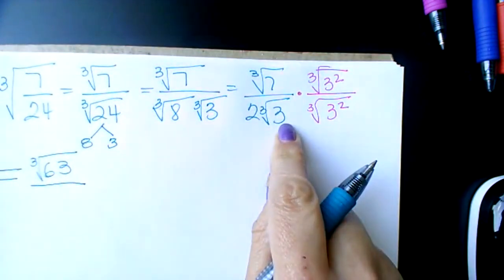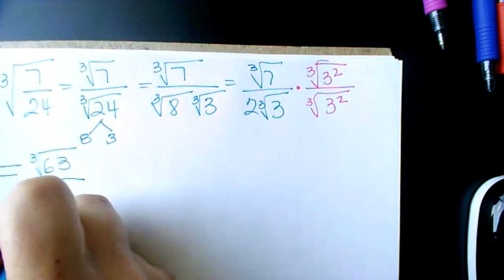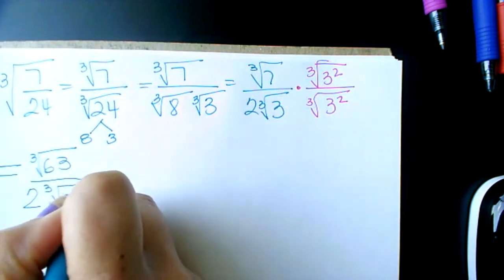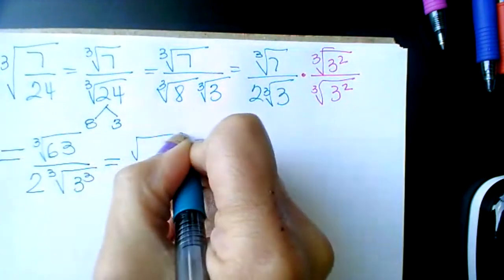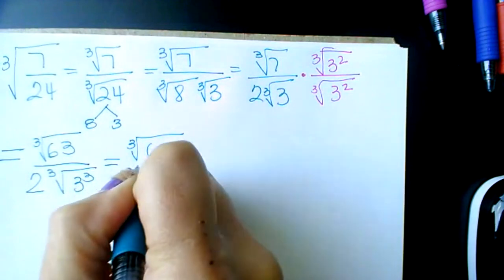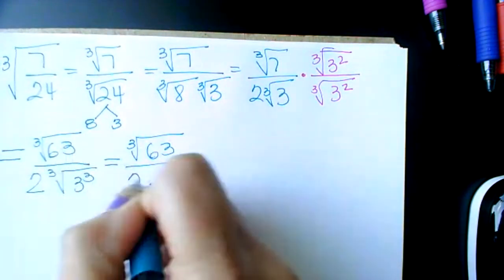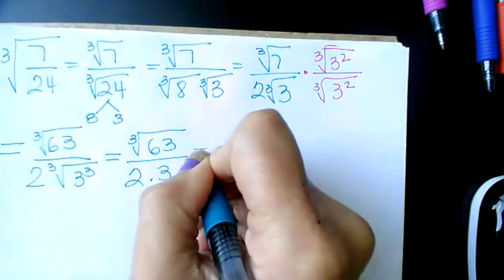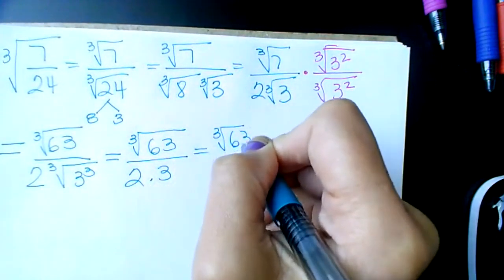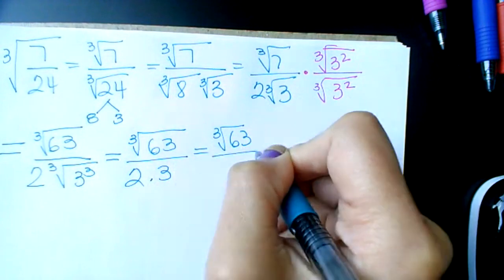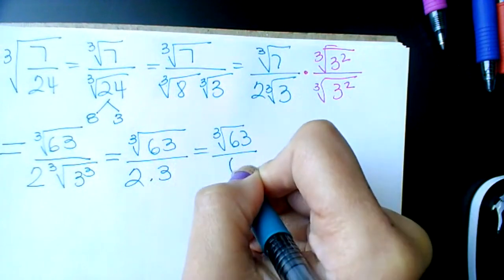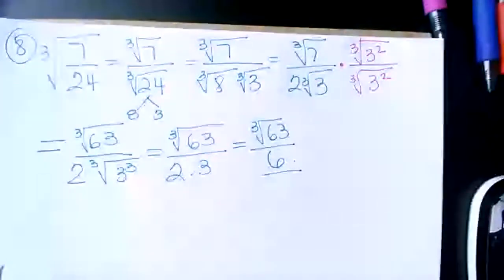And here I get the perfect cube. So this is going to be 2 times 3. So my answer will be cubic root of 63 divided by 6. That's what I chose to do. All right.